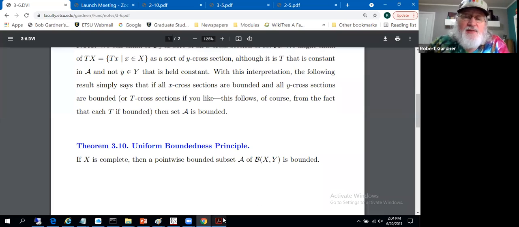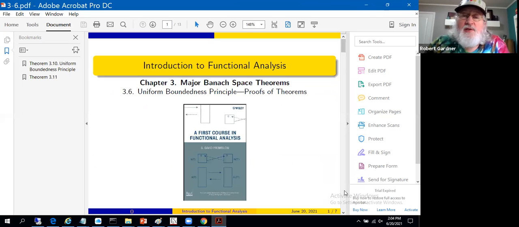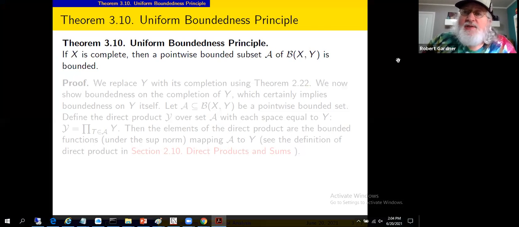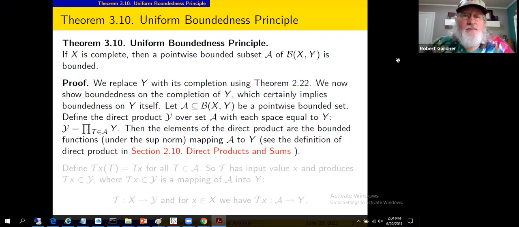Under these hypotheses, let's look at a proof of that, which is not terribly long. It's another one of those I think of as kind of exotic. We're going to look at a direct product and kind of an unexpected term. First, how about we take normed linear space Y and let's replace it with its completion.